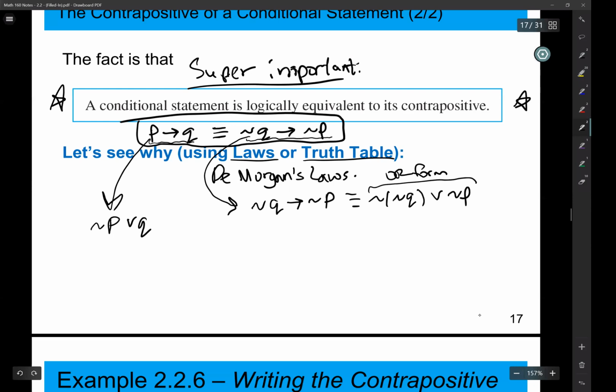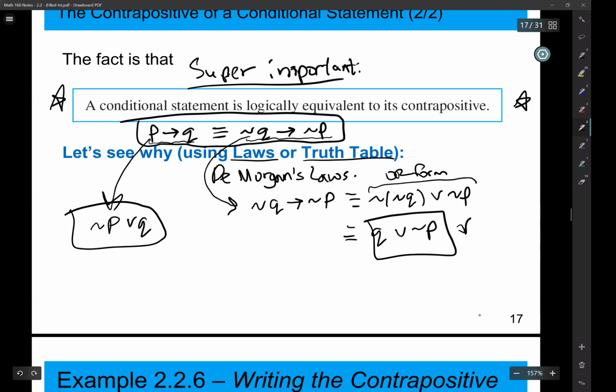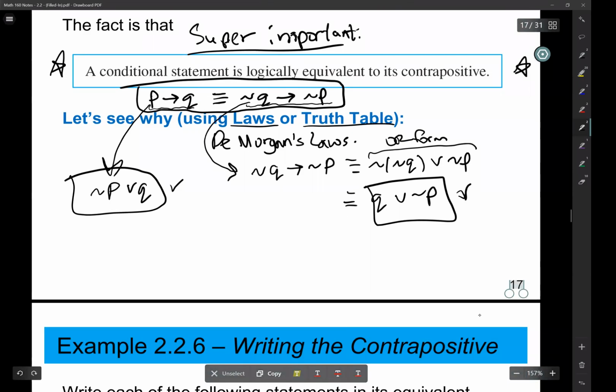Like that. But guess what? Not not Q is Q, and or not P. Like that. Well, ta-da, that is the same thing. So check mark, not P or Q. The or doesn't matter, by the way. Or is commutative, so it doesn't matter the order I have. You could say that's the same thing as not P or Q, which is right here. So they're the same thing. Okay, so that's faster than a truth table on that one.